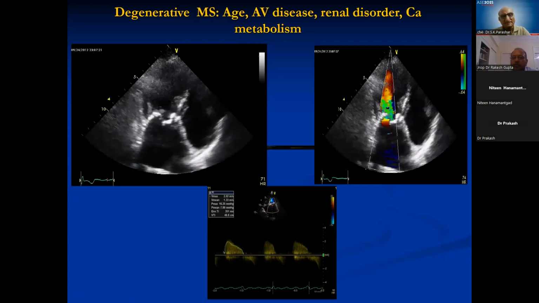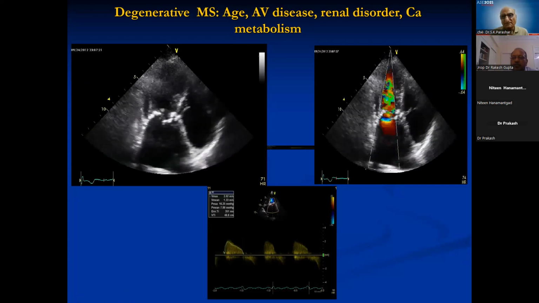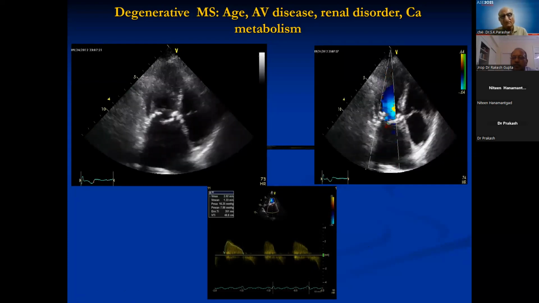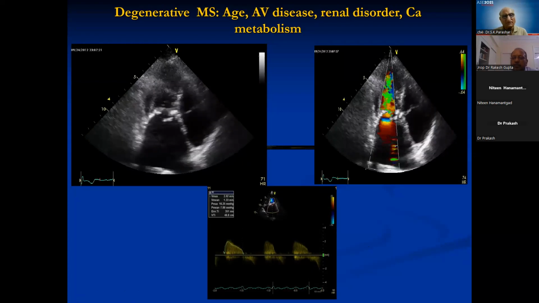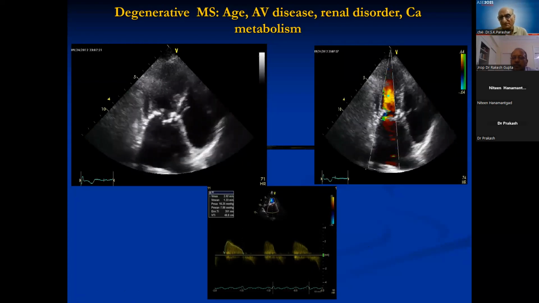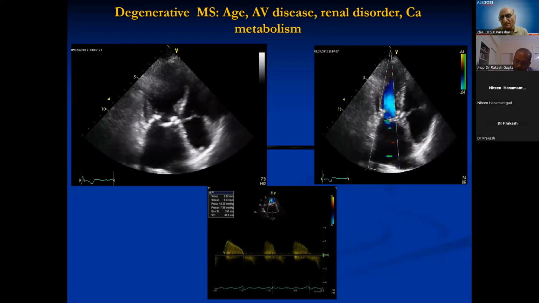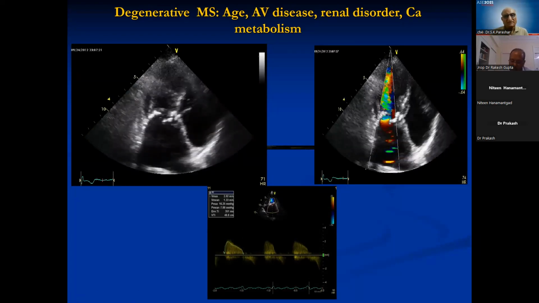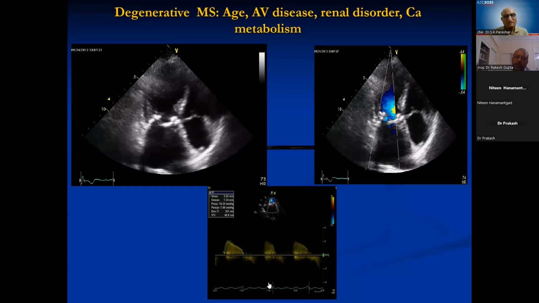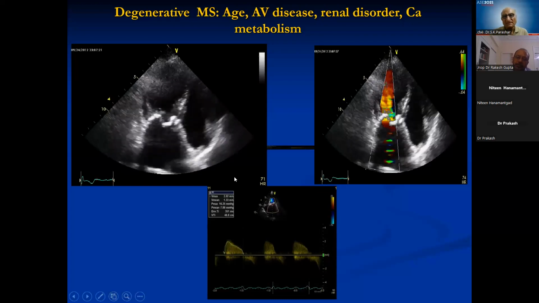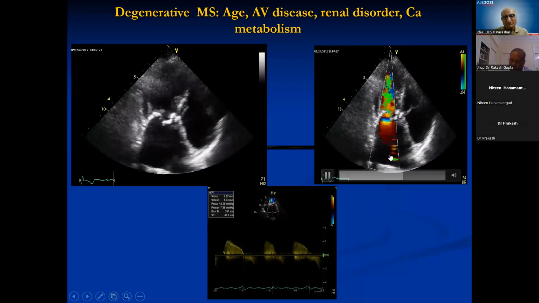Now these patients can have associated mild aortic stenosis, but usually it is single valve involvement. A multi-valve involvement usually indicates the presence of a rheumatic etiology. Number two, there is no commissural fusion. Number three, there is a gross mitral annular calcification, and then you can see increased peak and mean gradients also.